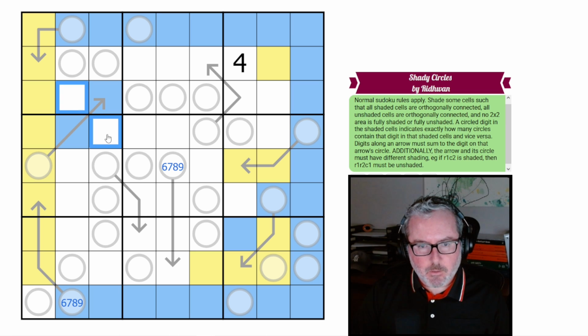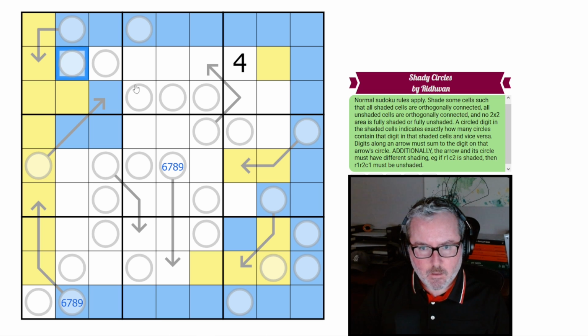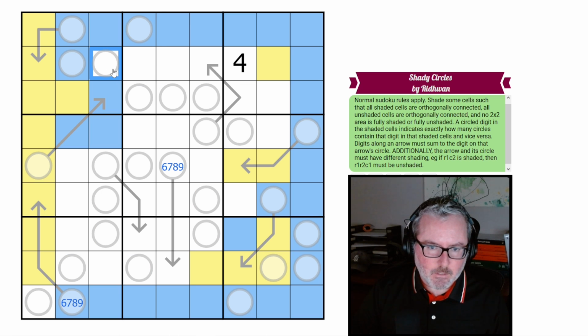Because we know this is going to be one blue and one yellow. I don't really like doing it that way. Just kind of playing with this for a second. This one would end up having to be yellow, but it doesn't seem like that's a problem. But is it?